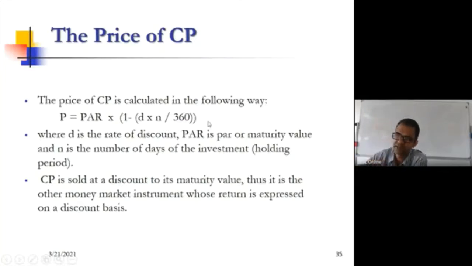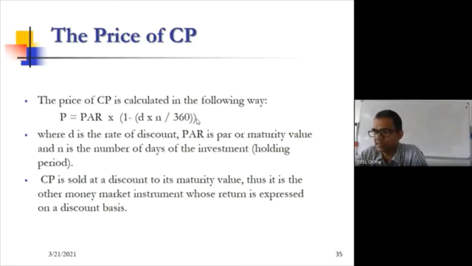In this equation, I have assumed 360 days for a year. That again depends on the market. Even in Sri Lanka, I think even corporates assume 364 days. But in international markets, in the money market, they assume 360 days per annum. So they use 360 days.